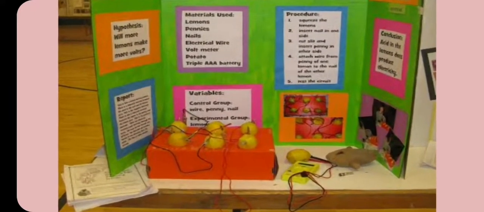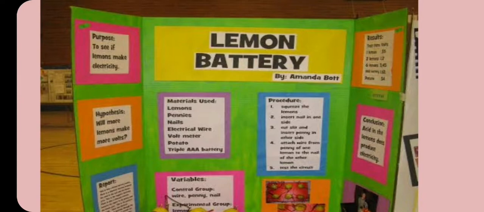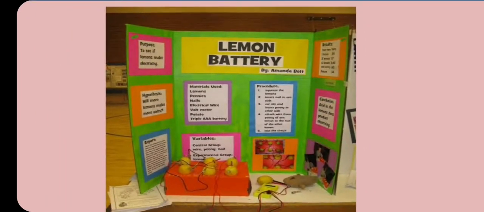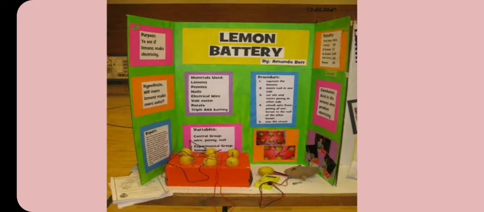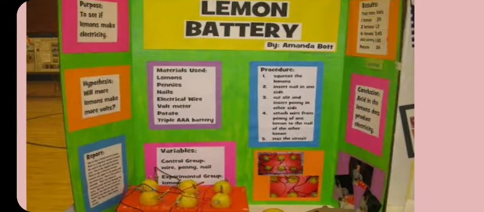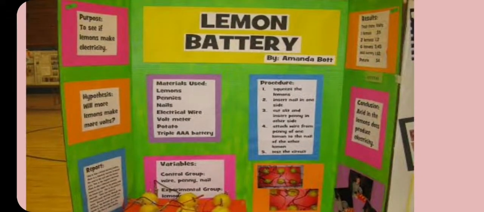This is a sample investigatory project, lemon battery. During the science fair, this is how she portrayed it. You can see here the materials used, the purpose, hypothesis, report, procedure, and all the rest.